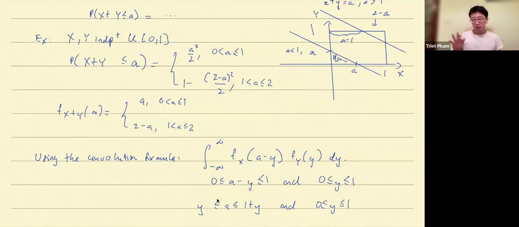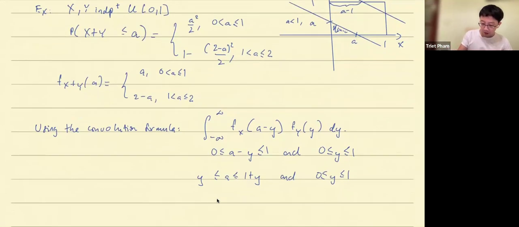I might make a mistake here and there, and then go back and refigure things out.